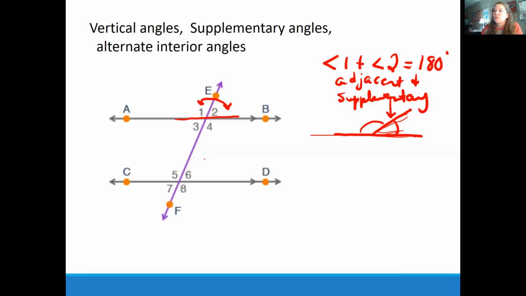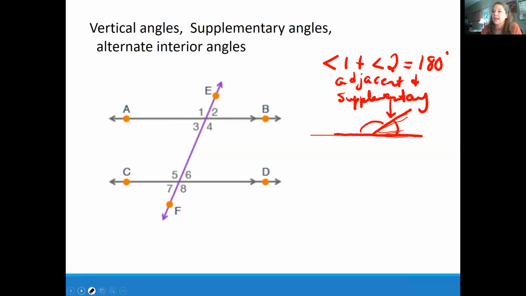Okay, so adjacent and supplementary, two angles that when you add them, they equal 180. Now, if you have two angles that are across from each other, they share a common vertex, they are vertical angles. And vertical angles are congruent.